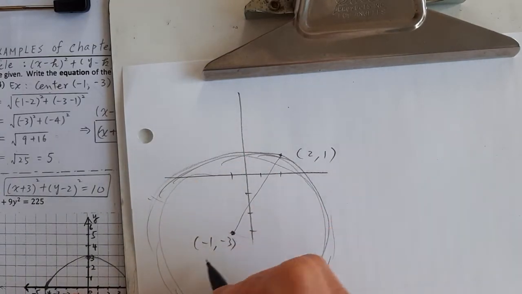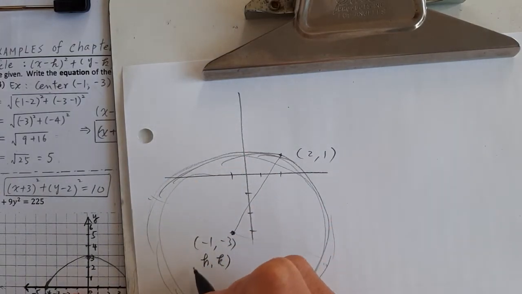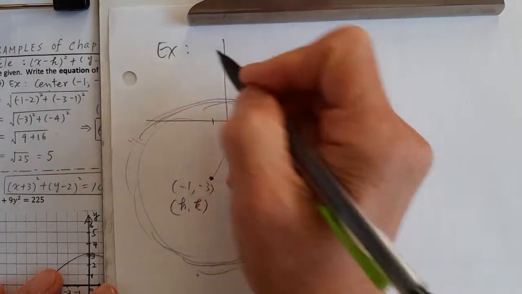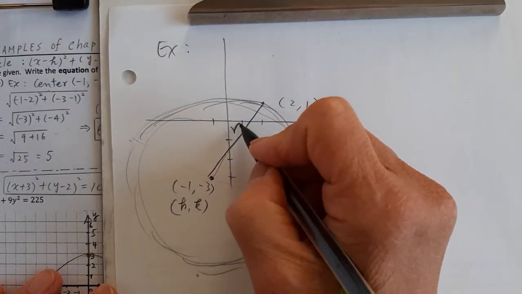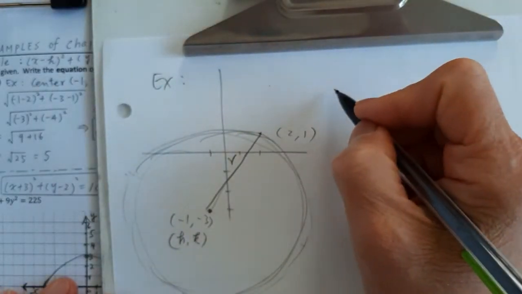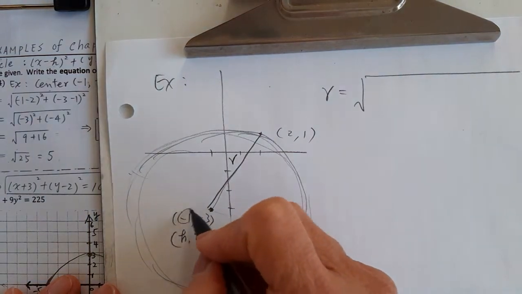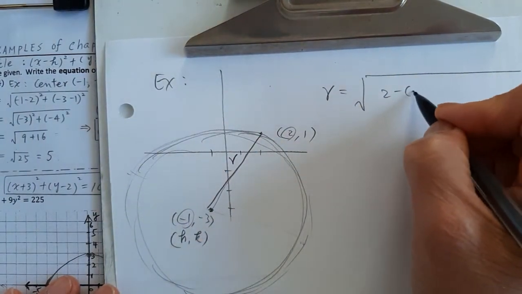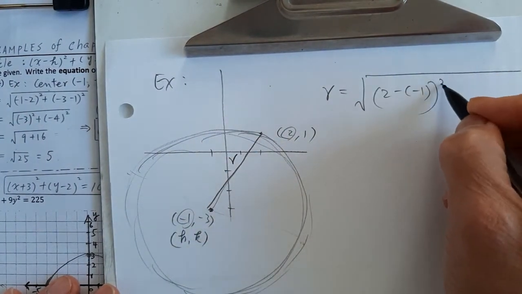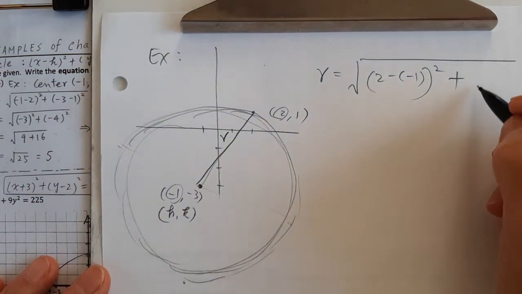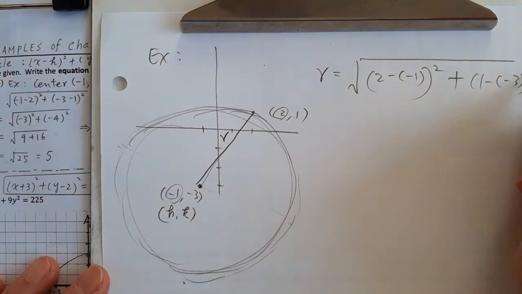Then you use the distance formula to find the radius r. The distance is the square root of (2 minus -1) squared plus (1 minus -3) squared.